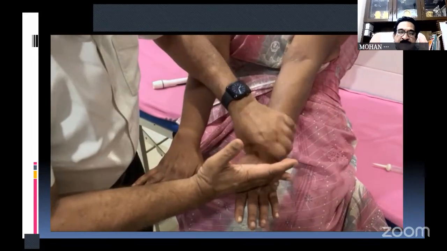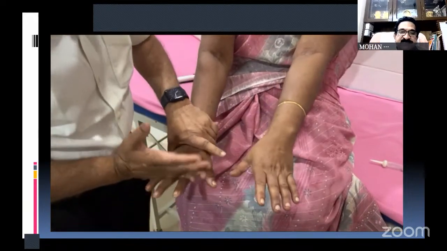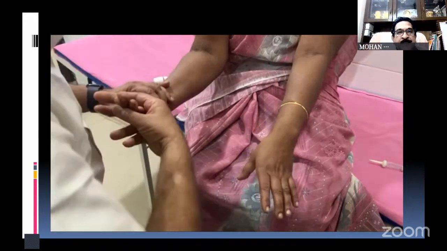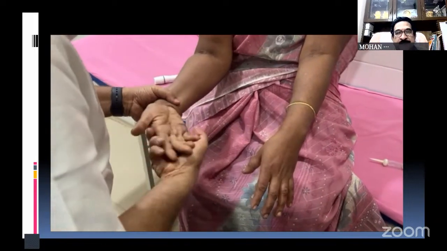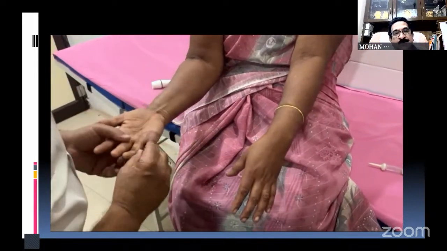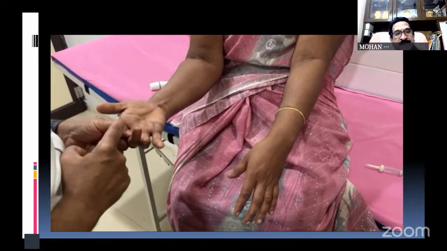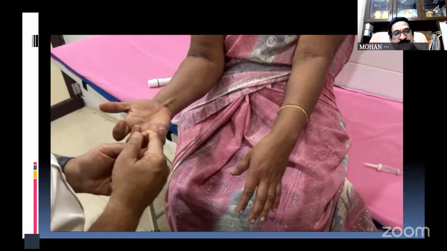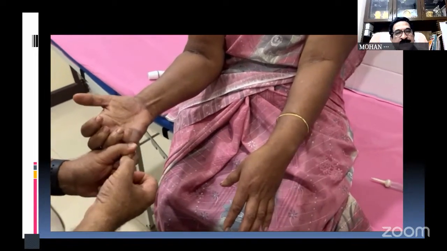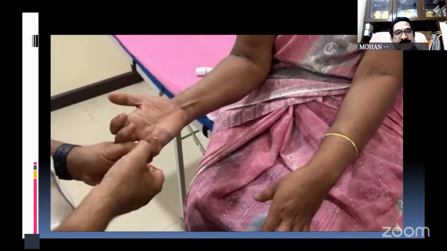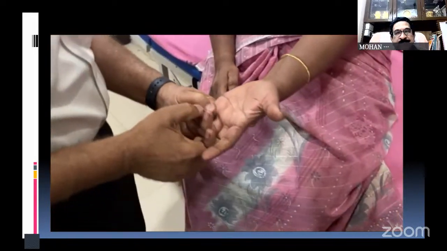The proximal muscles are normal, finger extensions are normal, finger flexors were normal, flexor carpi ulnaris was normal. The flexor digitorum profundus of the little finger was weak on the right side. That I can easily overcome. But the ring finger was okay.